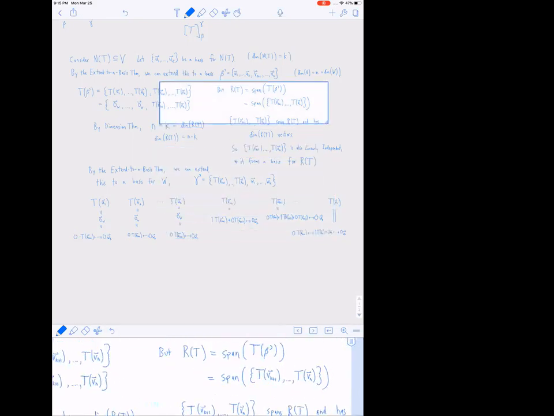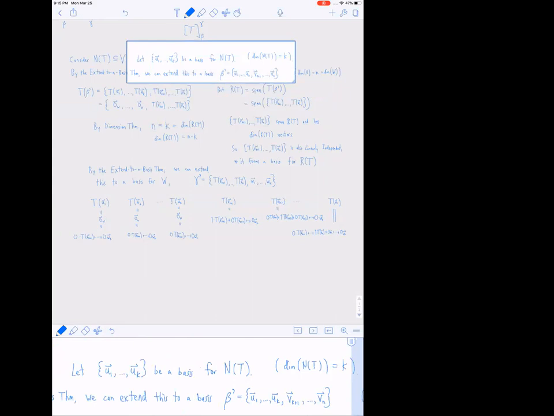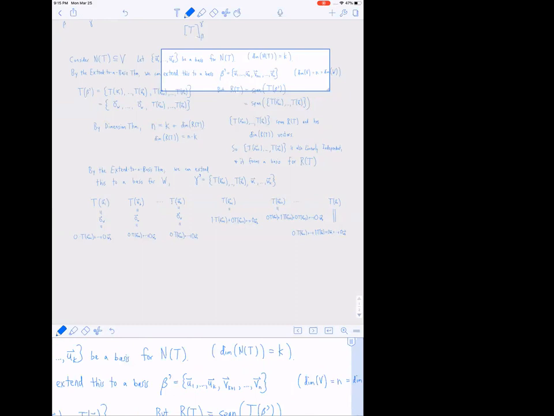When we wrote down our beta prime, we started with the basis for the null space, u_1 through u_k, and then extended to v_{k+1} up through v_n.